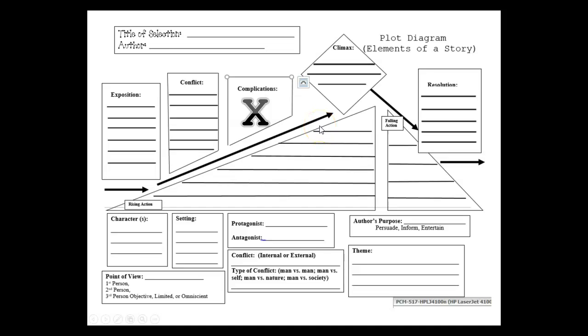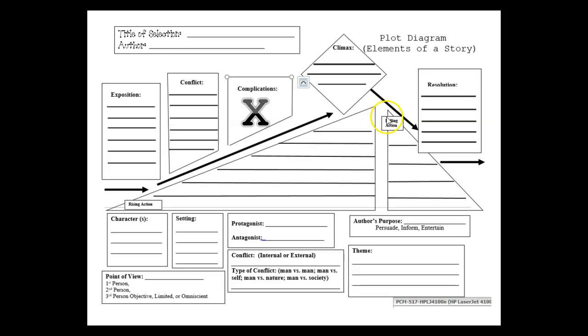As you get to the rising action, you will learn about how the conflict develops, what happens, what the troubles are that they're going through, and then that will lead up to the climax, which is the highest point of action or the turning point in the story. And as you can tell, it's like a mountain going up to the climax, the turning point of the story, when you see how the end is going to work out.